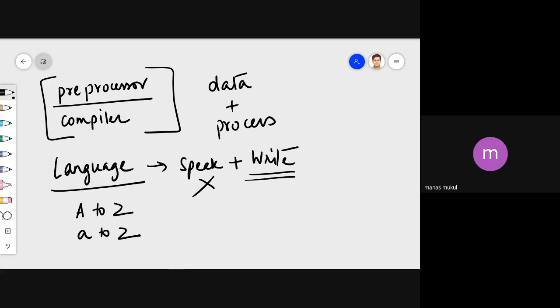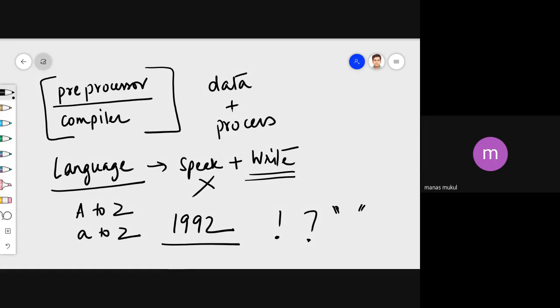Also, when we talk about data inside a language, for example if you say I was born in 1992, you also write 1992. So what are these? These are numbers, these are digits. Along with that, you also have some special characters, like the exclamation mark, the question mark, quotations, and so many other symbols.